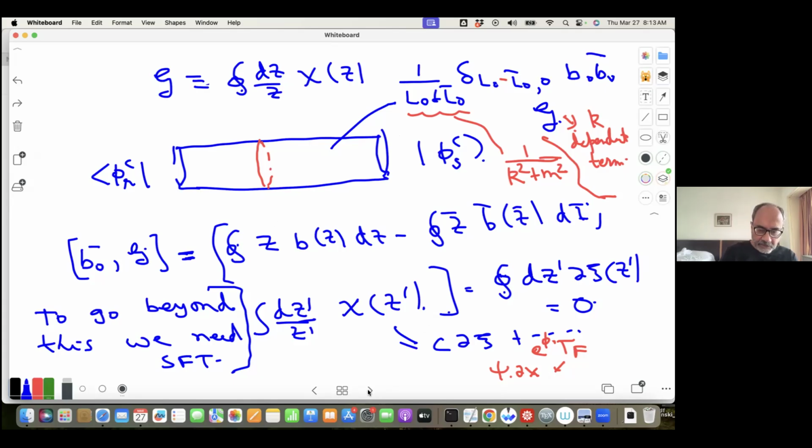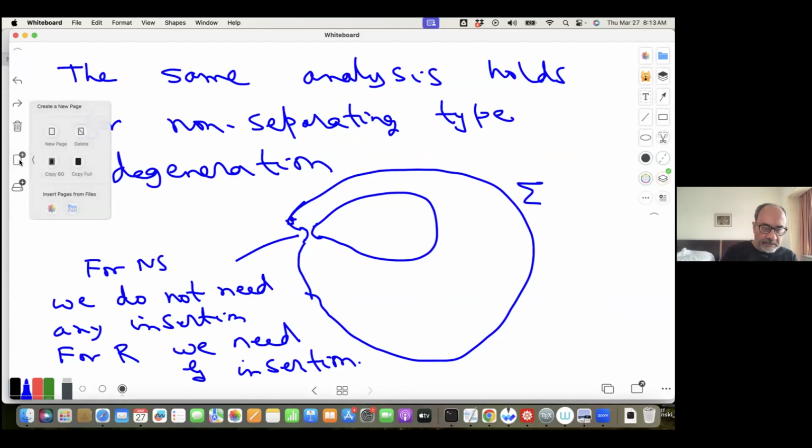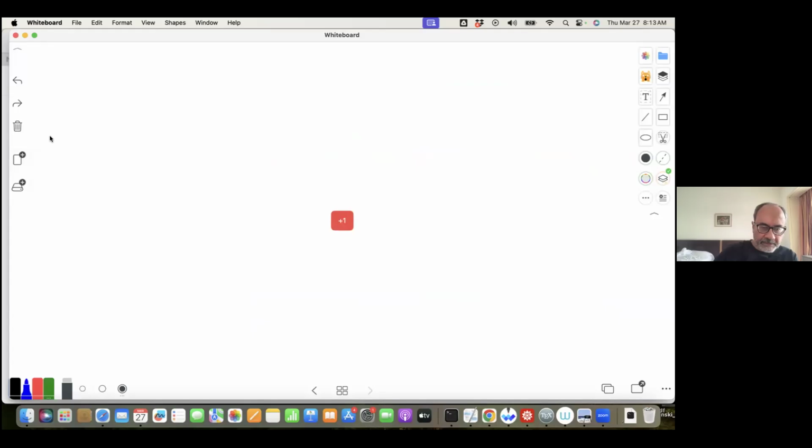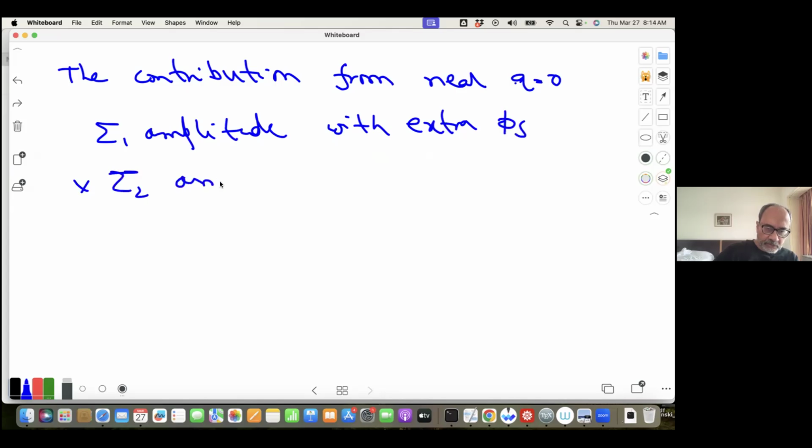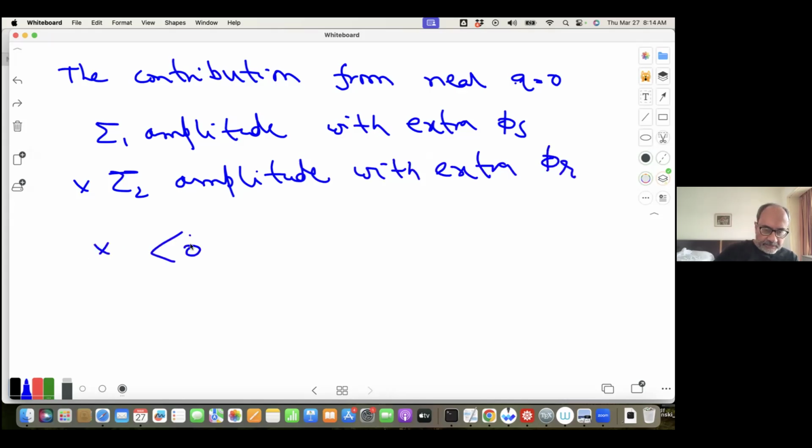I can write it also there. So basically the contribution from near q equal to 0 will be the sigma 1 amplitude with extra phi S, times the sigma 2 amplitude with phi R times phi RC, B0 bar.